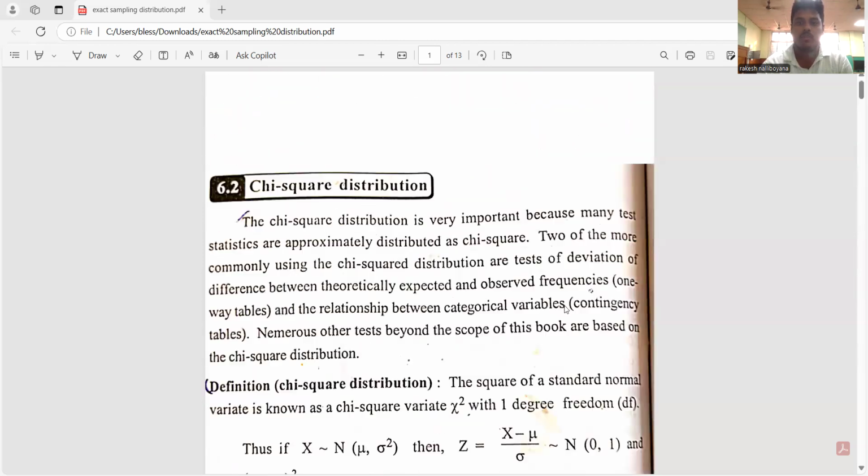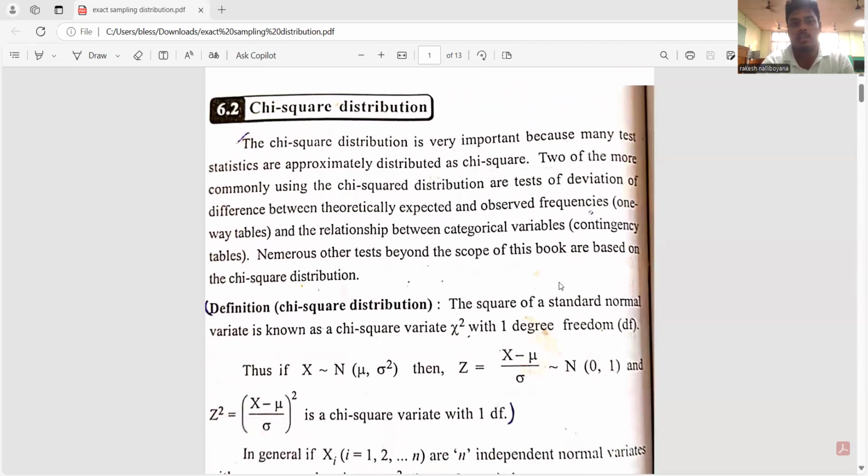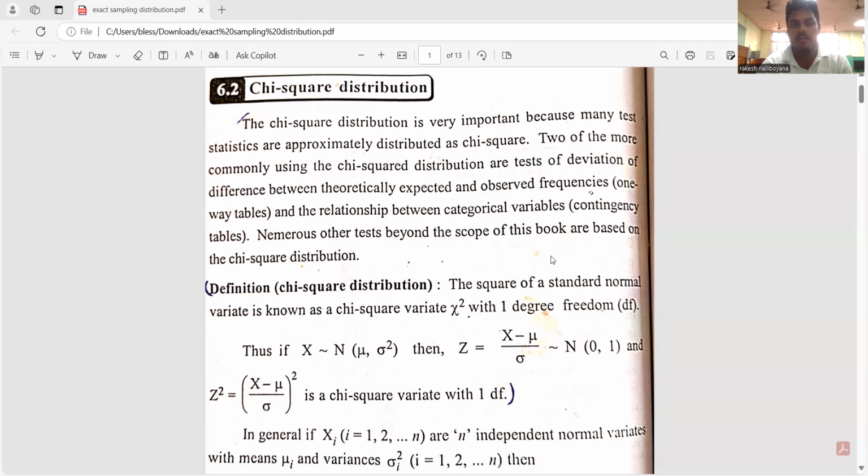First of all, the chi-square distribution. The chi-square distribution is very important because many statistical tests are approximately distributed as chi-square. Mainly, the chi-square test is used to calculate the difference between the theoretical expected frequencies and observed frequencies, and also to find the relationship between categorical variables.